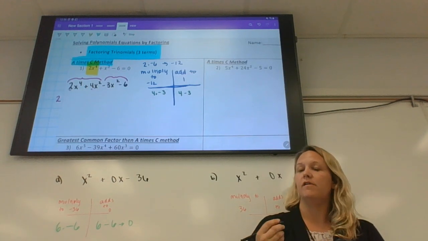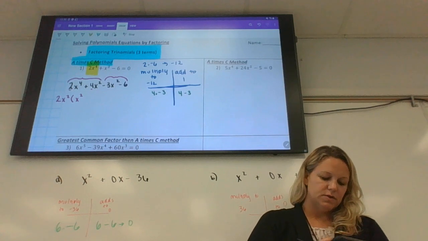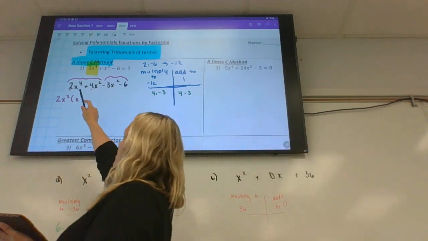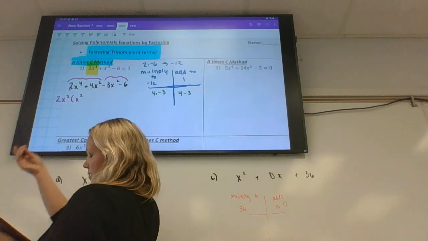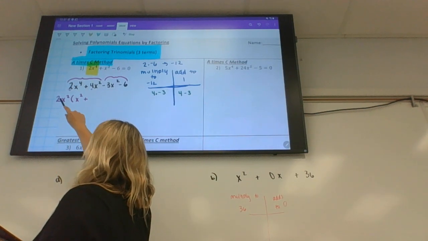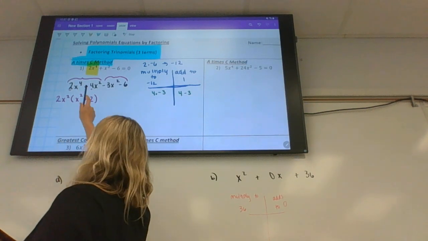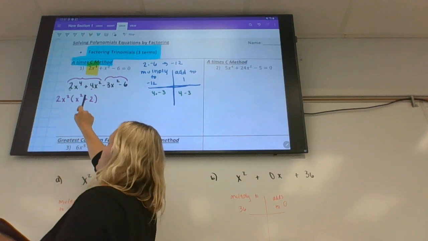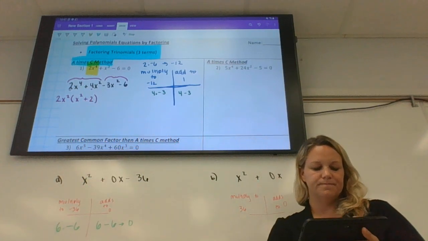In fact, they both have x squared. So when I take a 2 out and x squared, all I have left is x squared. I'm going to write the plus sign. 4 divided by 2 leaves me with a 2 here. Had x squared and I put it out front, so there's no more there.